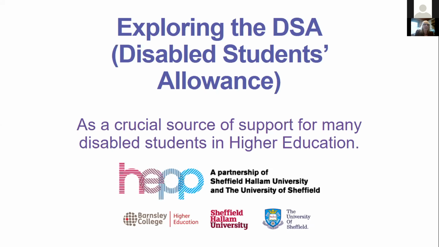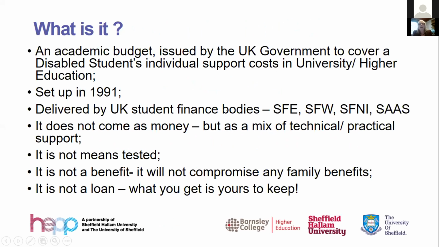So what is Disabled Students Allowance? It's an academic budget issued by the UK government to cover support, technology and one-to-one support that disabled learners might need when they're studying on a degree course or in university.